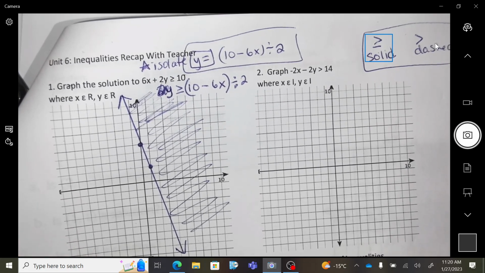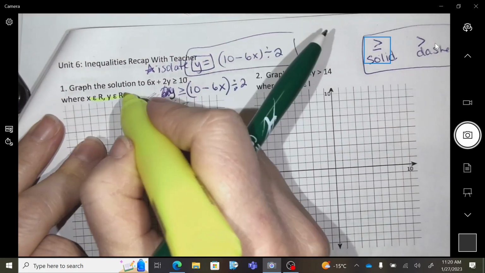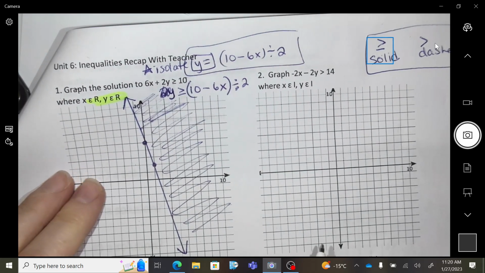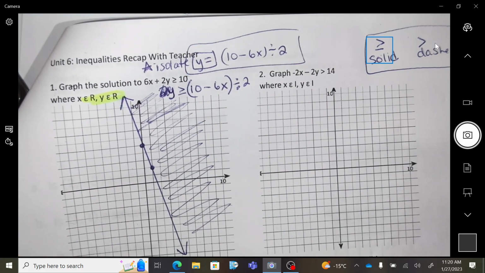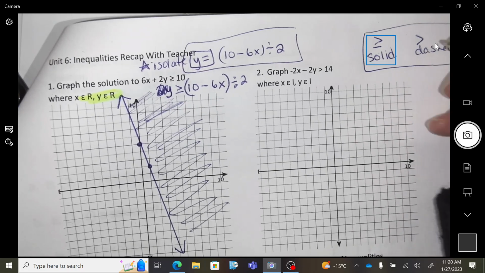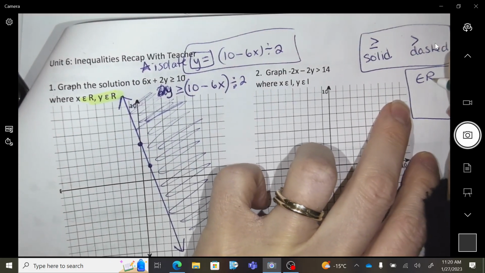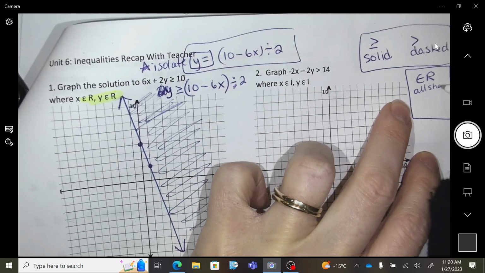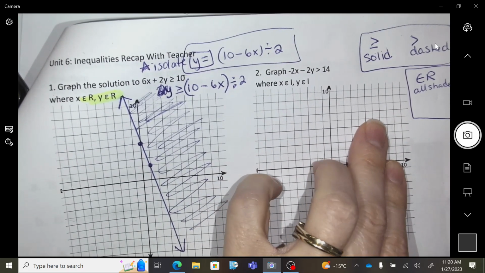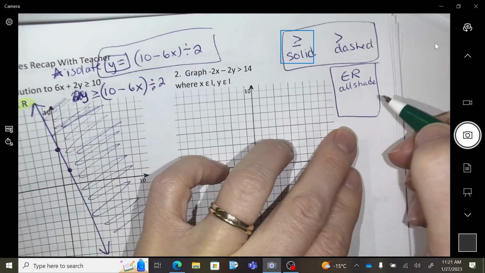Okay, did you notice how I just shaded everything? Because it told me any real number. So I'm going to also put this on my cheat sheet. Any real number, shade all.